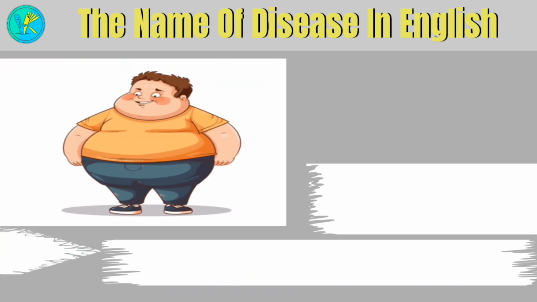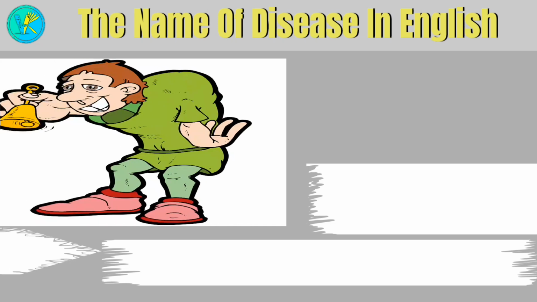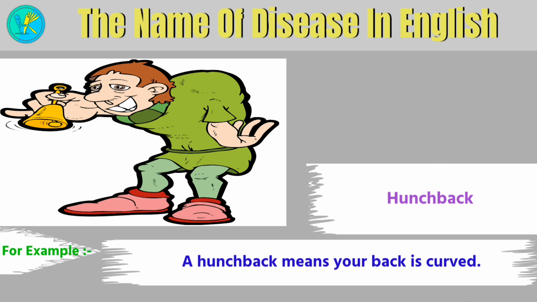Next, obesity. For example, obesity means being very overweight. Next, hunchback. For example, a hunchback means your back is curved.